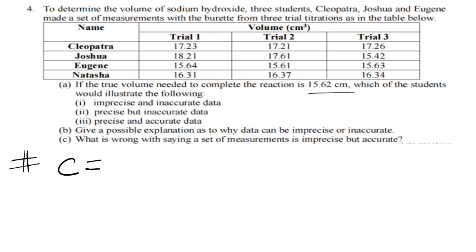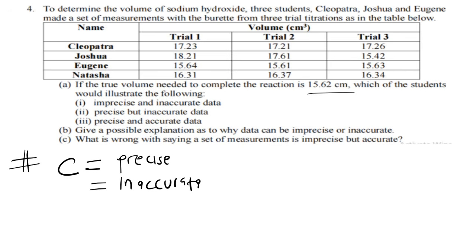So these values are very close to each other, right? So Cleopatra was precise. But in terms of accuracy, if you're going to look at this 17, it's very far away from the 15.62, it's very far, so she was inaccurate. So she was precise but inaccurate.